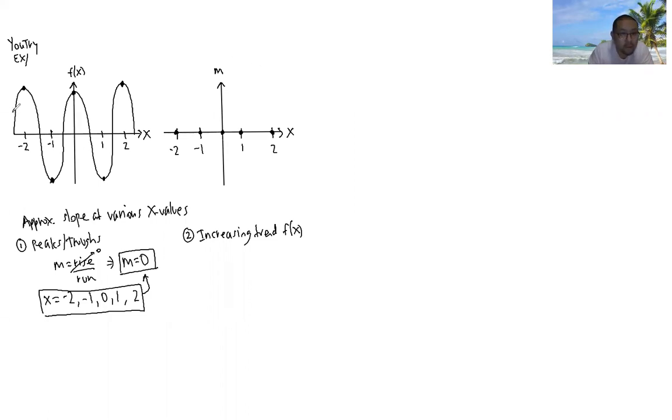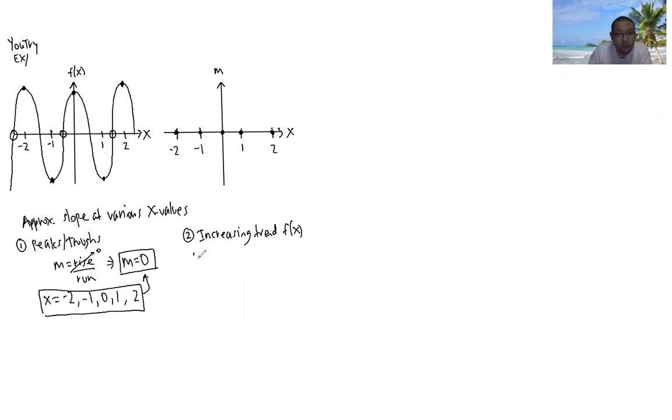We're going to choose this value, this value, and this value. I'm actually going to erase this one because I'm going to extend it out to make it more intuitive. So we're going to choose this point.